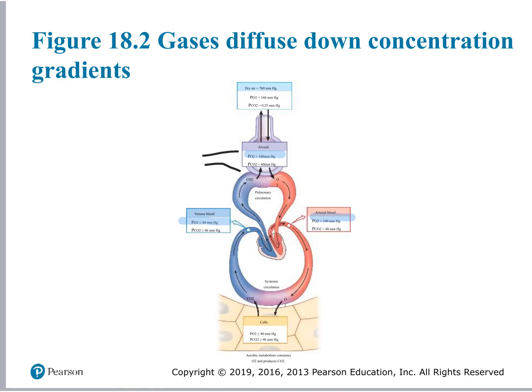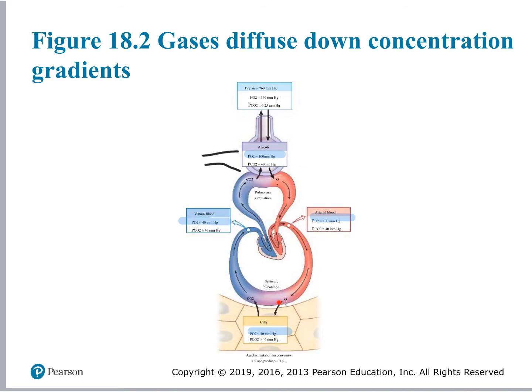Now let's look at the tissues. The tissues take the oxygen and use it to break down glucose in the mitochondria, so the level of oxygen in the tissues hovers around 40 millimeters of mercury. The partial pressure of oxygen inside the systemic artery is 100.